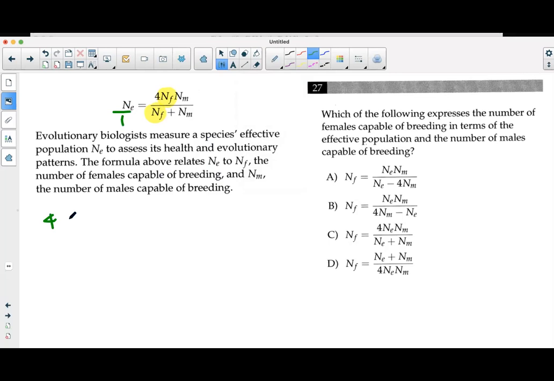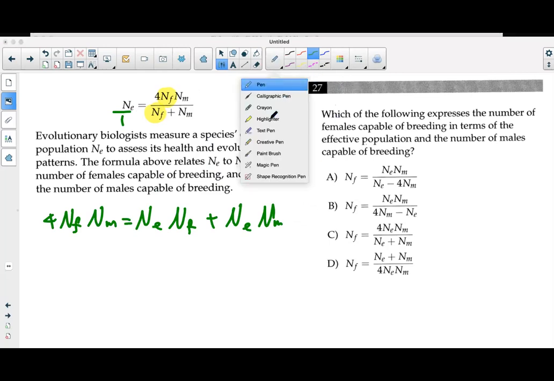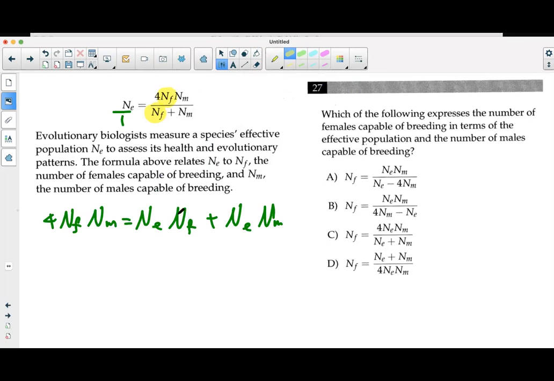So you get 4 n sub f, n sub m is equal to, I'm going to distribute them, n sub e, n sub f, plus n sub e, n sub m. Now, once again, where do I see n sub f? Right over here and right over here. So I'm going to bring these two terms to one side.